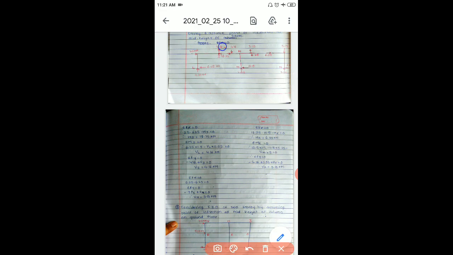So just draw the free body diagram, locate the unknown forces here, and then do this calculation part. Now we take the summation of horizontal forces at this joint J equal to 0. Then calculate whatever forces are coming and going from this joint, and we will get the horizontal reaction Hj.